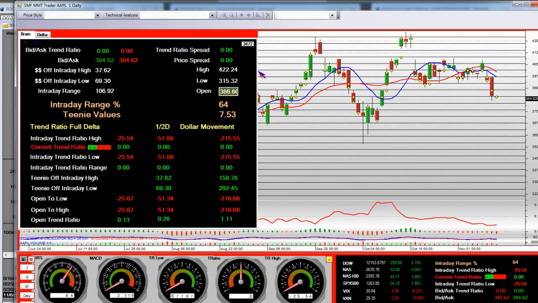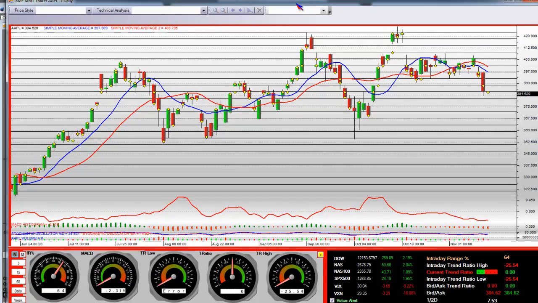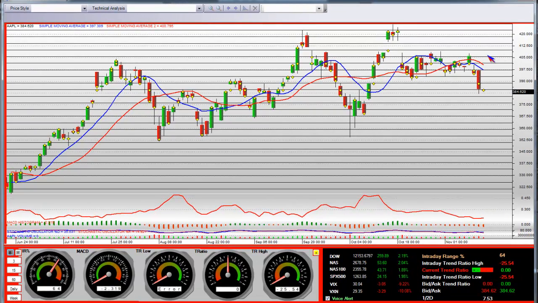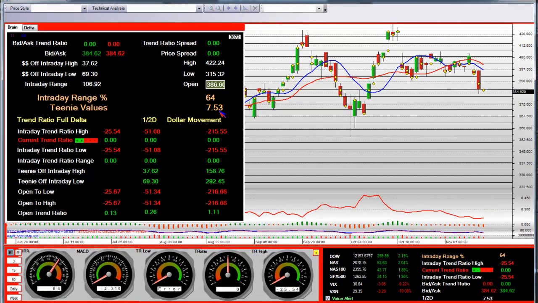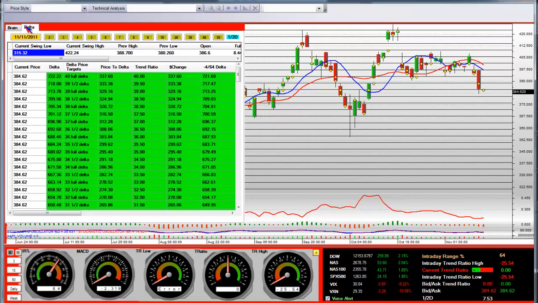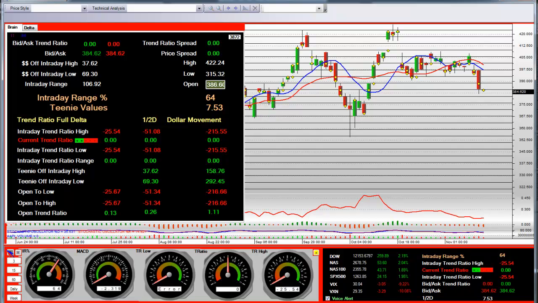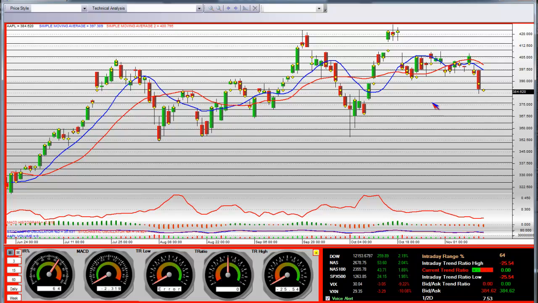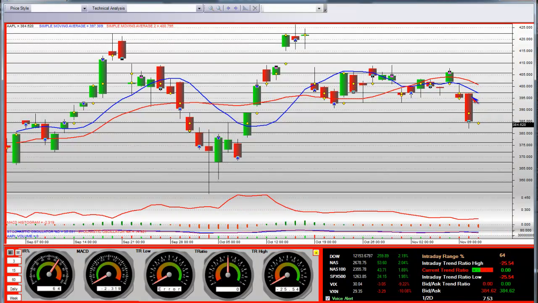When we look at the market maker platform, we can see that each one of these is a half delta movement, and it looks like pretty big prices in this movement. Nonetheless, what we're going to show the MMTs is, now that Apple made this super high, where is this pullback going to be strong?